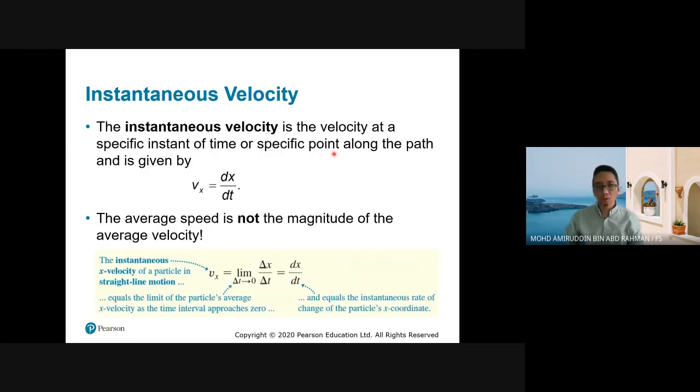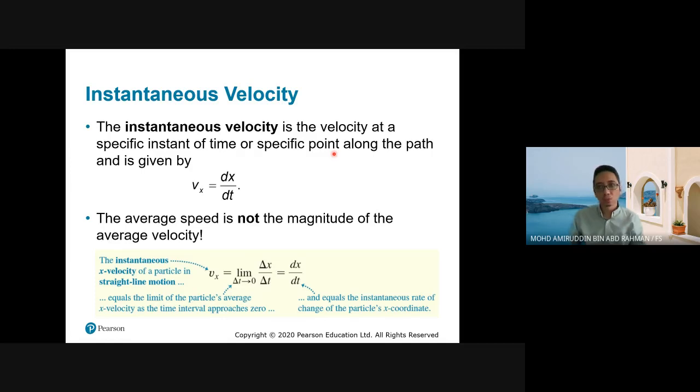Now we're going to define the concept of instantaneous velocity. What is the instantaneous velocity? The instantaneous velocity is the velocity at a specific instant of time.